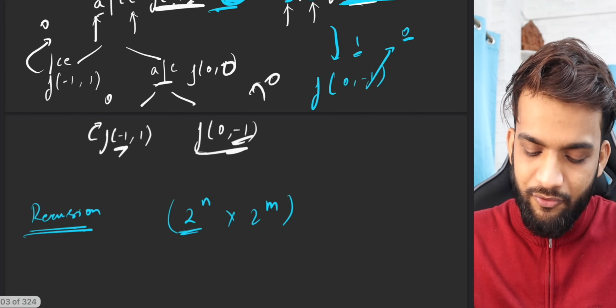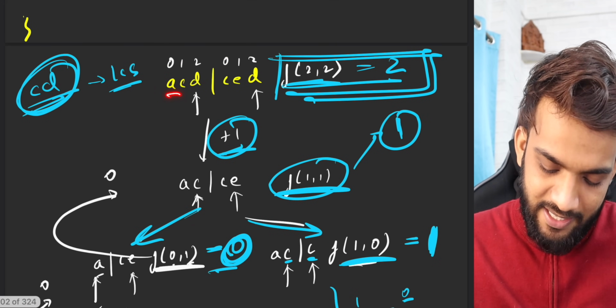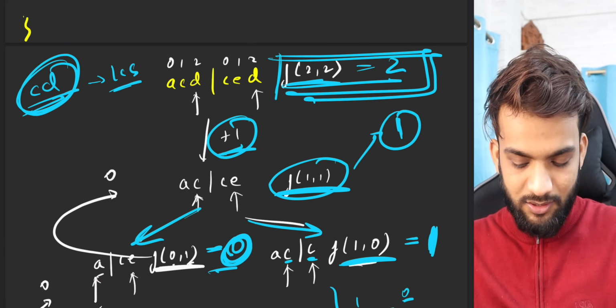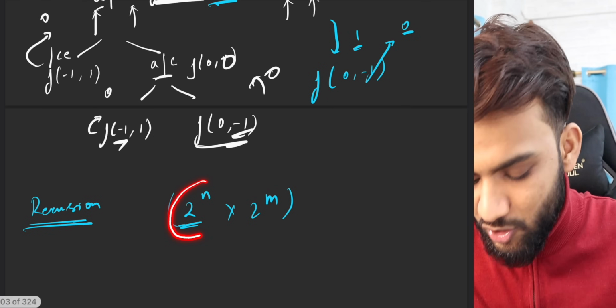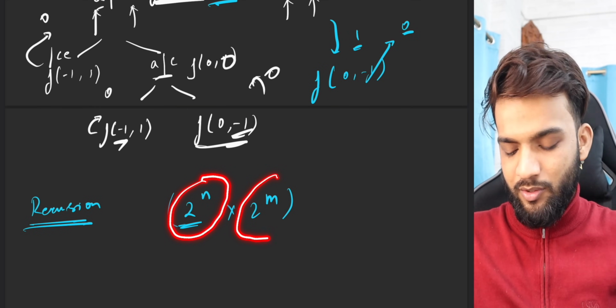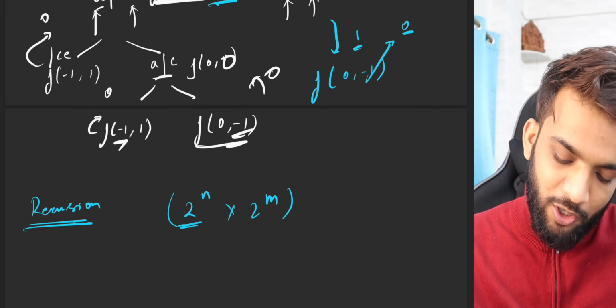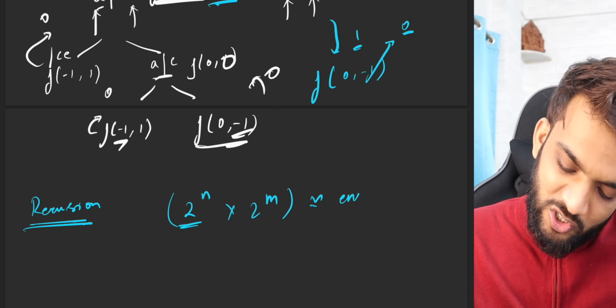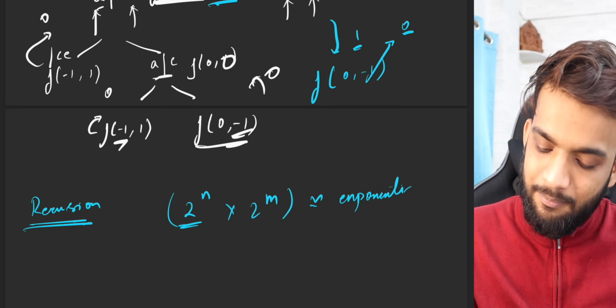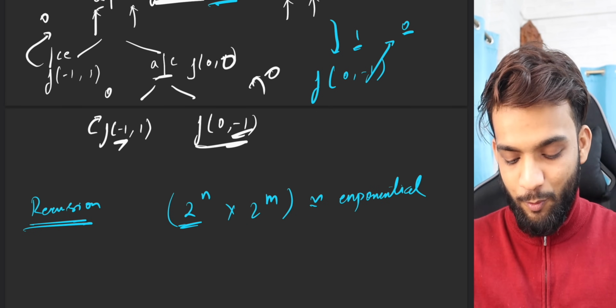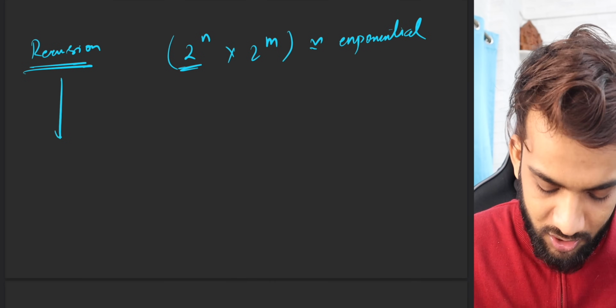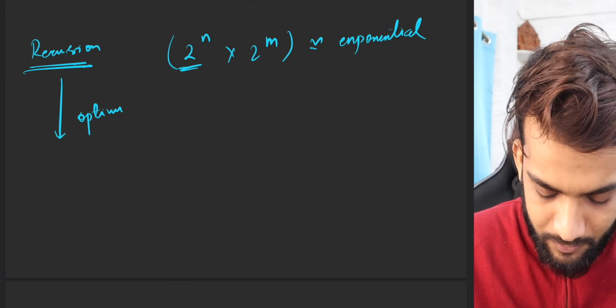That will be near about exponential, which is definitely something we don't want. We want this to be optimized, correct?